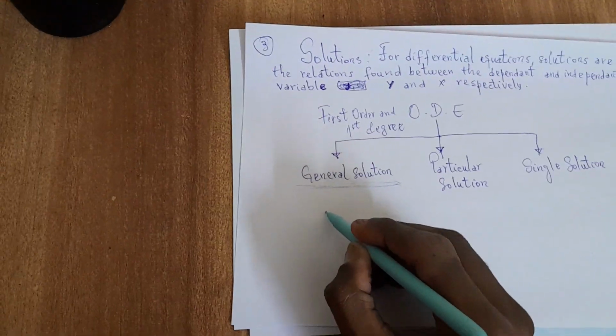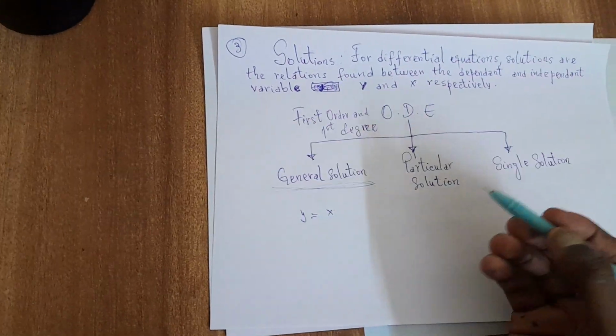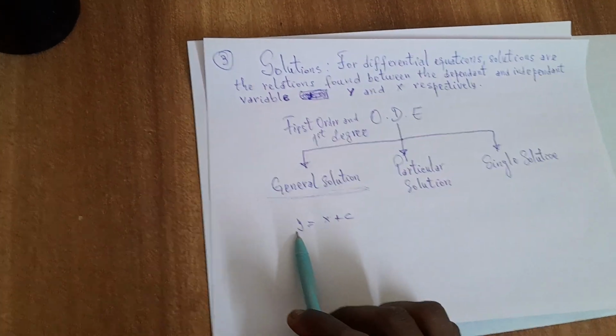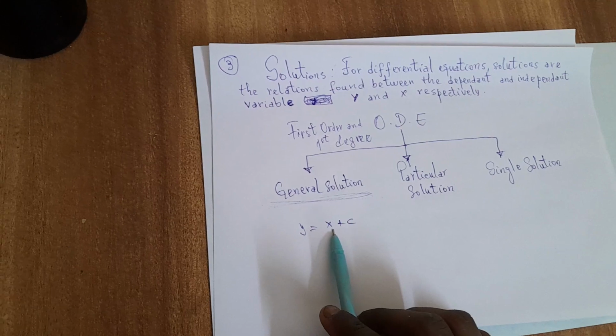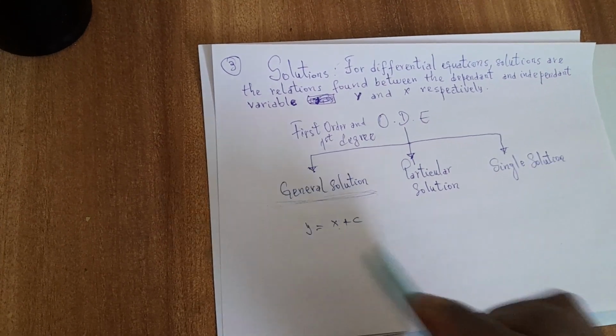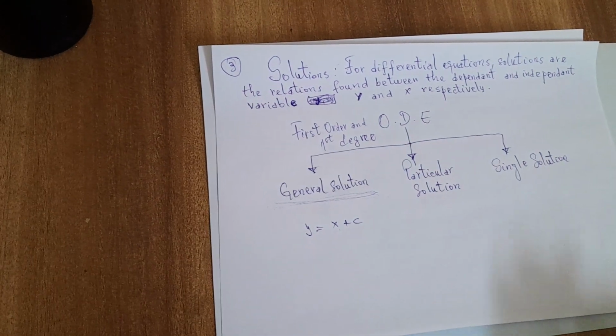Suppose we have a solution like this: y is equal to x plus c, because a solution is the relation between the dependent and independent variable. This is the solution for one differential equation.